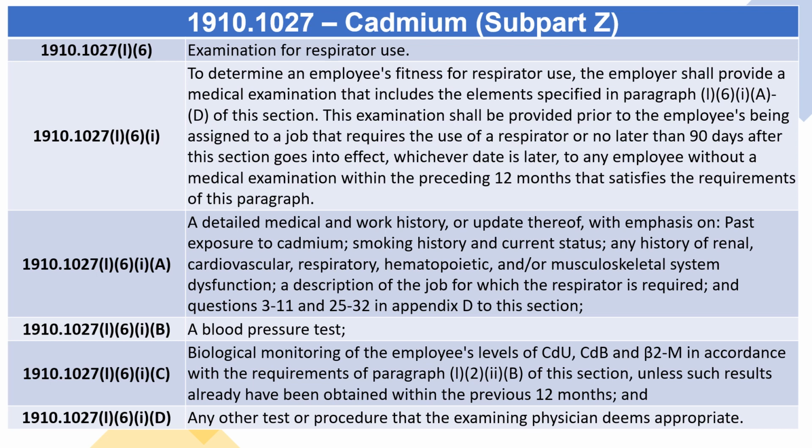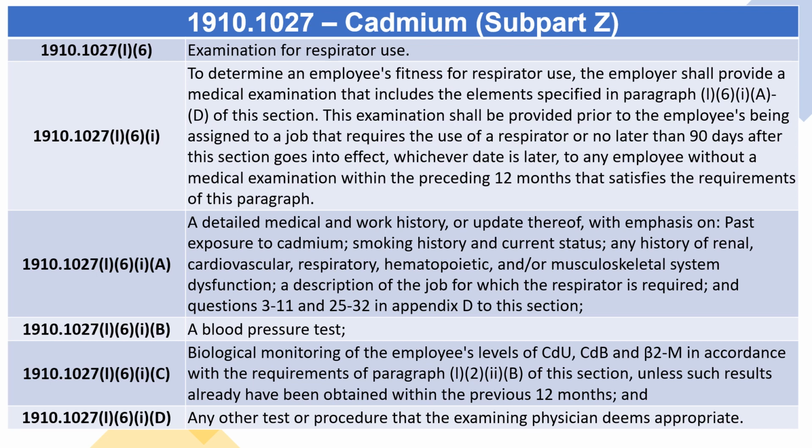1910.1027 L. 6 I. A. through D. A detailed medical and work history, or update thereof, with emphasis on past exposure to cadmium, smoking history and current status, any history of renal, cardiovascular, respiratory, hematopoietic, and/or musculoskeletal system dysfunction, a description of the job for which the respirator is required, and questions 3 to 11 and 25 to 32 in Appendix D to this section.